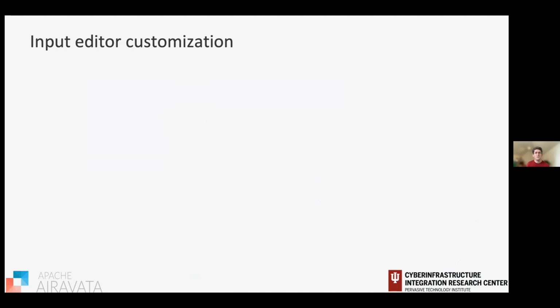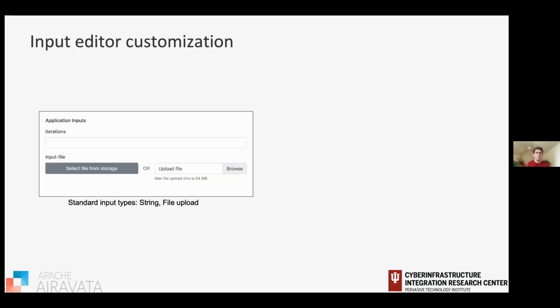So we've come up with 3 different ways of customizing the Airavata Django portal. One is to do input editor customization. By default, without adding any additional configuration, when you define your scientific application code and what sort of inputs it has, there are essentially 2 types. There are string inputs and there are file inputs.